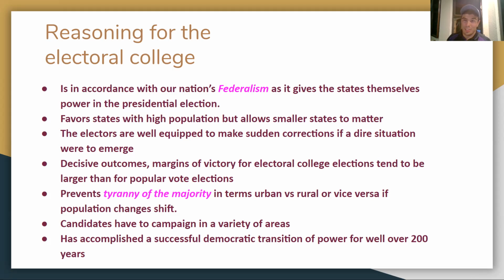Now, the electors are not required to vote for the person who wins the popular vote in each state. So that's one reason a lot of people don't like the Electoral College, but it does have this benefit. And sometimes electors, they're called faithless electors, have not voted for the candidate that the state selected. This has happened, I think, 80 something times in history, like an individual elector, 80 separate times.